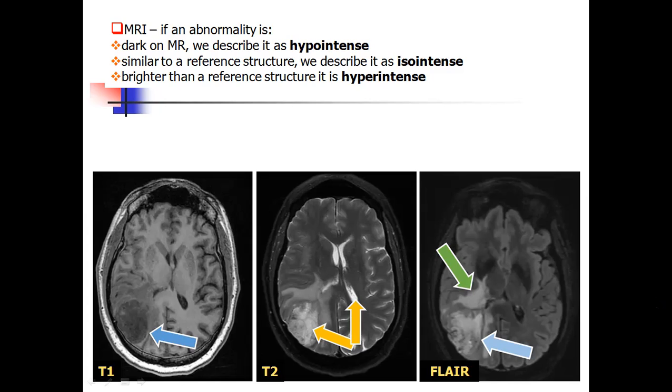On T2 sequence, the right parietal occipital lobe mass is similar in intensity to the cerebrospinal fluid and could be described as isointense to cerebrospinal fluid. And at last, on FLAIR sequence, both the mass (blue) and surrounding edema (green) are brighter, or hyperintense, to the adjacent brain parenchyma.